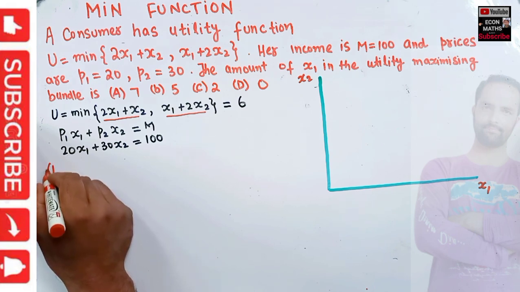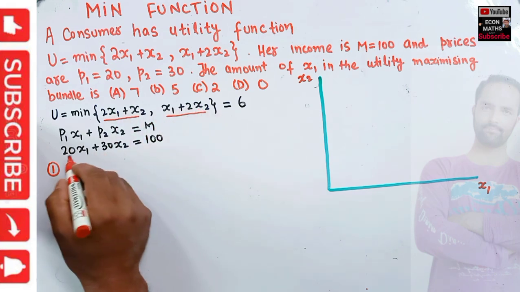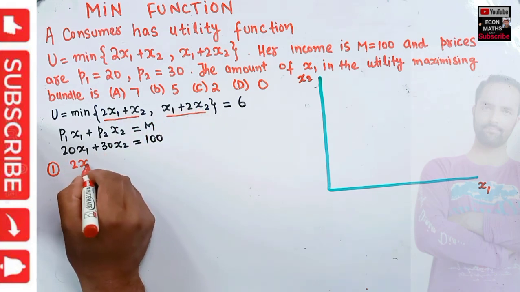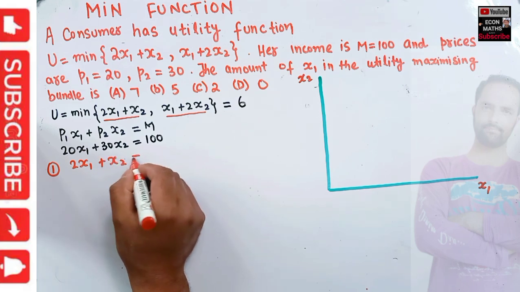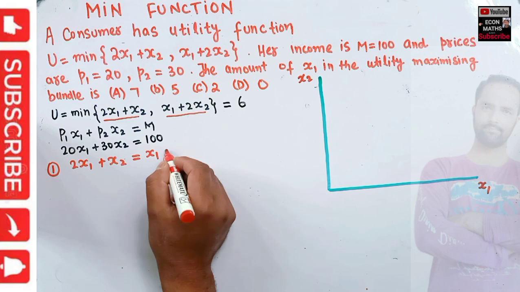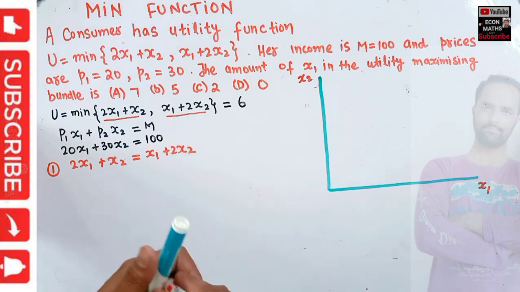The first case will be when both these two arguments are the same. That means 2x1 plus x2 is equal to x1 plus 2x2.